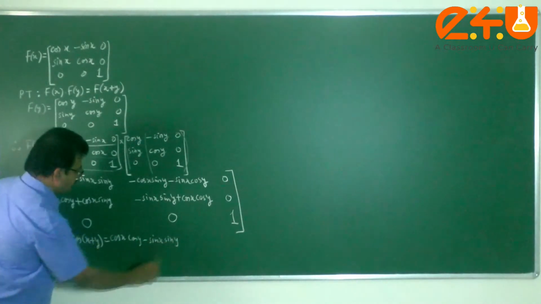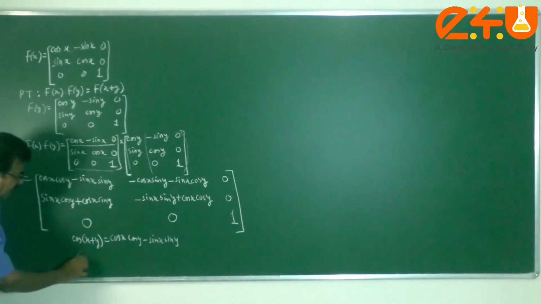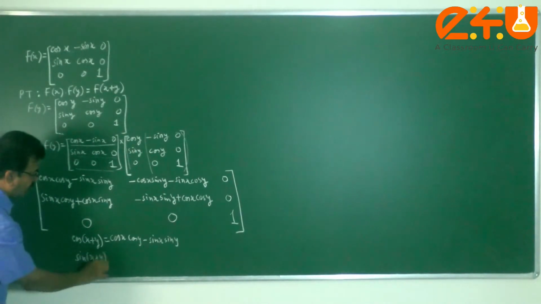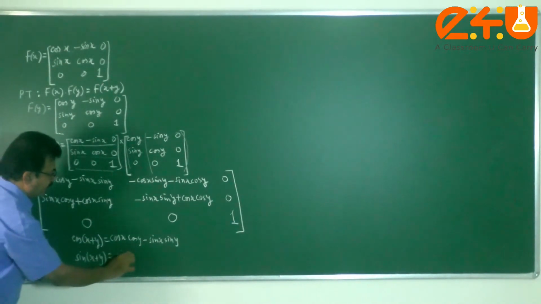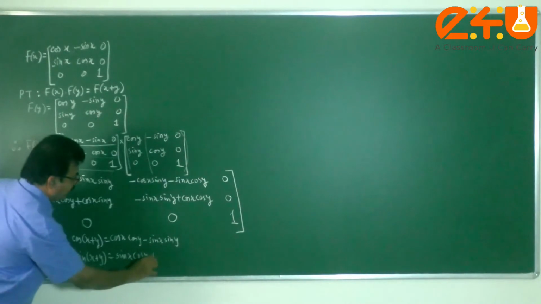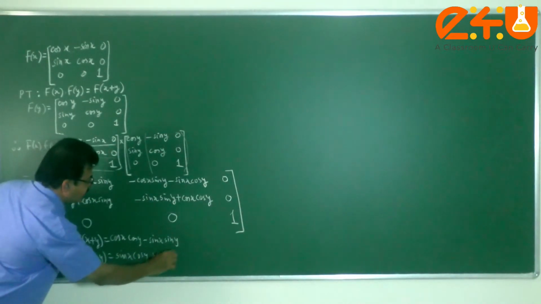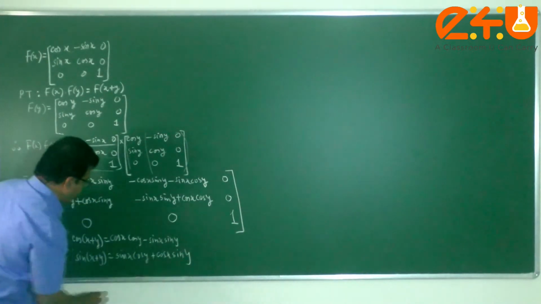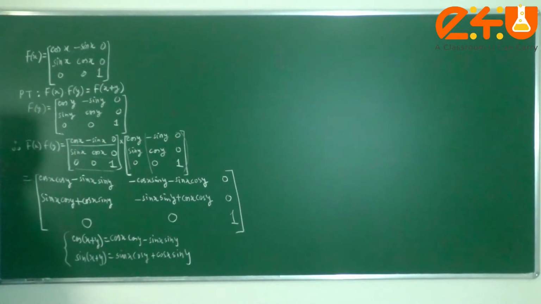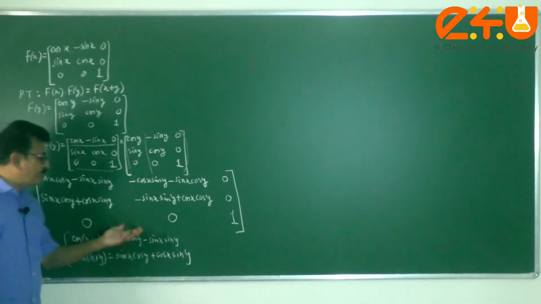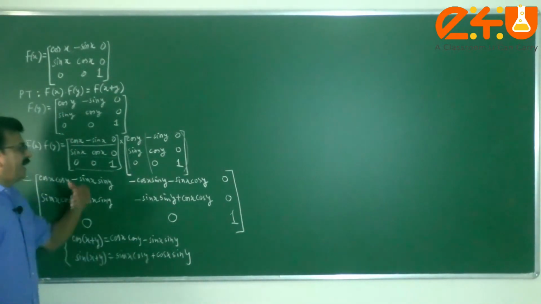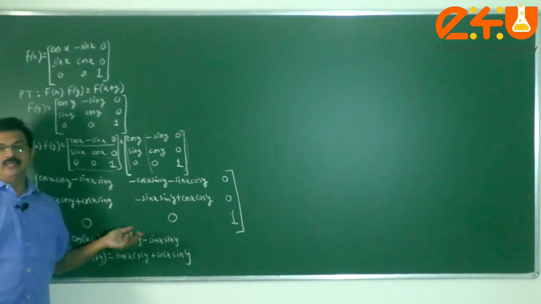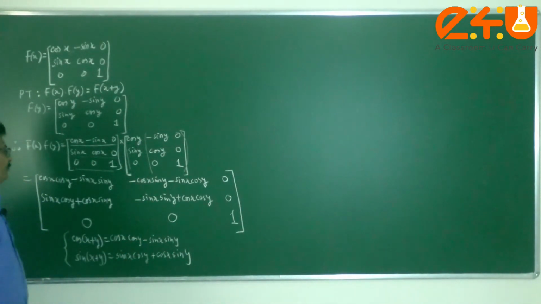So I want the students to be reminded of these identities, and sin of x plus y is sin x cos y plus cos x sin y. If you carefully analyze, these two identities keep repeating.